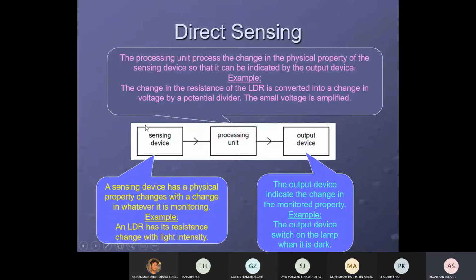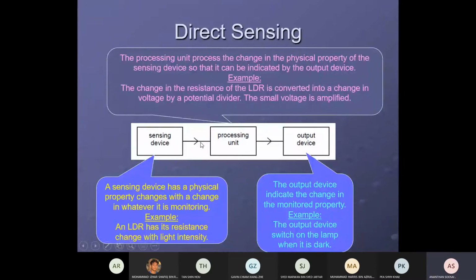The first department is called the sensing device. Sensors are the first level of sensing the information. The sensing device can sense temperature, pressure, resistance. You have different types of sensors sensing different parameters.